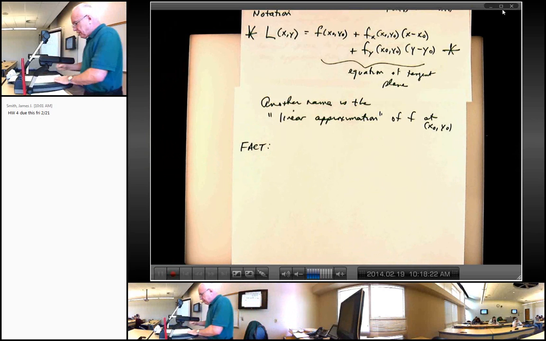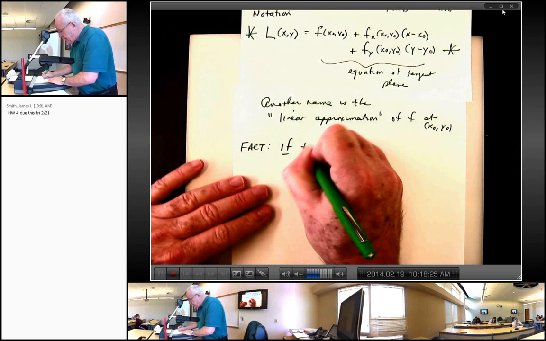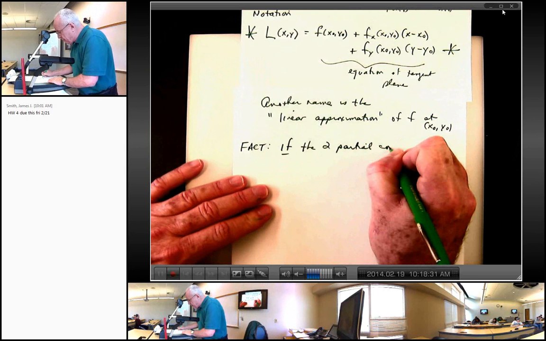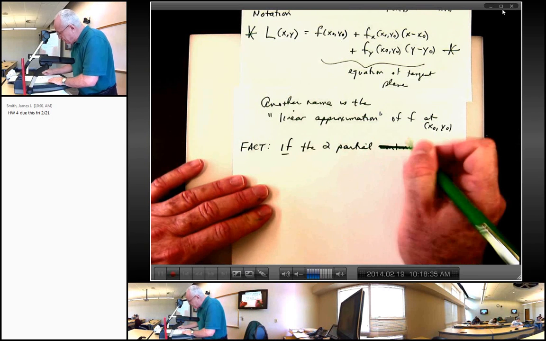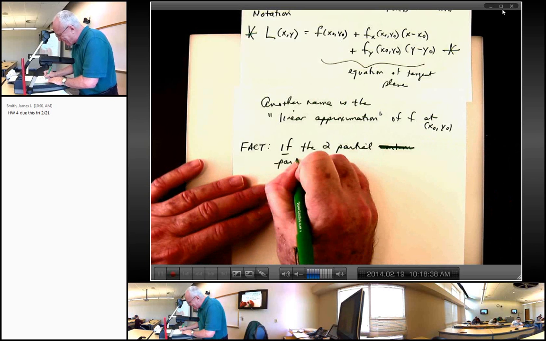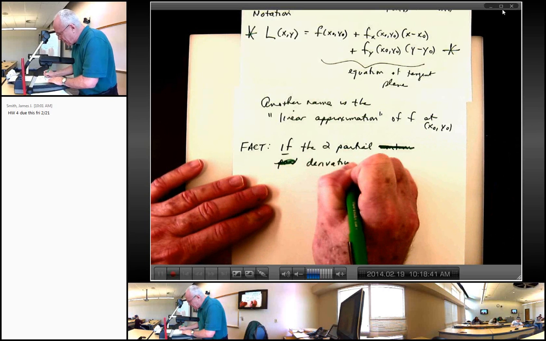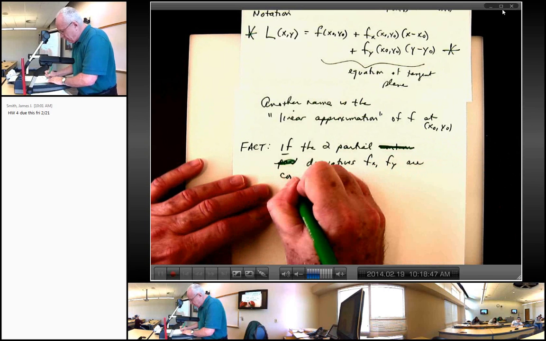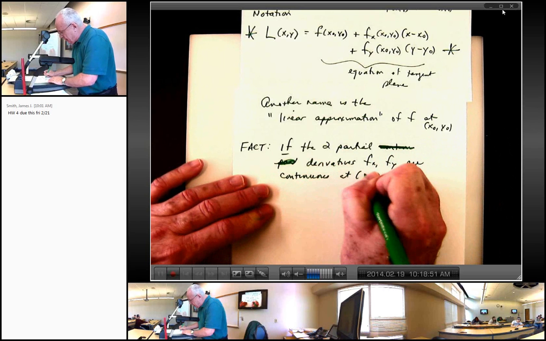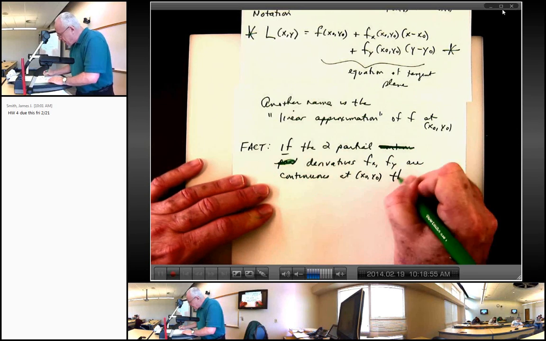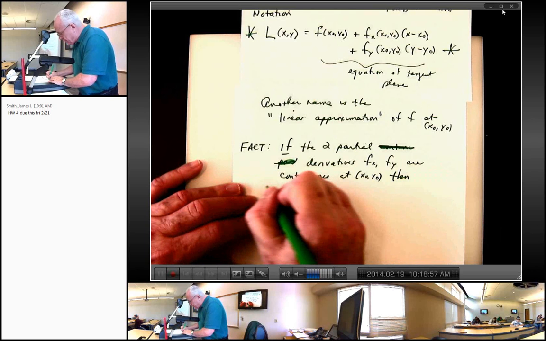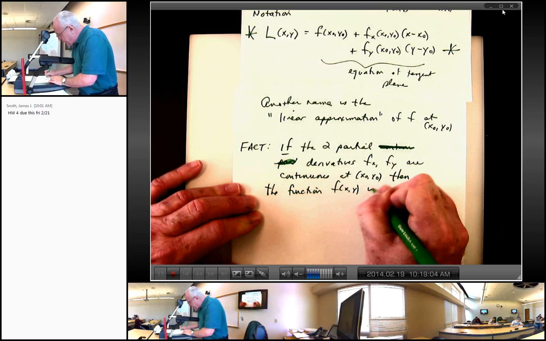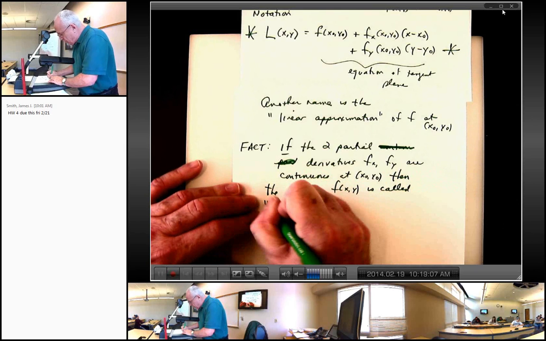The theorem is this: if the two partial derivatives, fx and fy, are continuous at x0, y0, then the function f of x, y is called, quote unquote, differentiable.